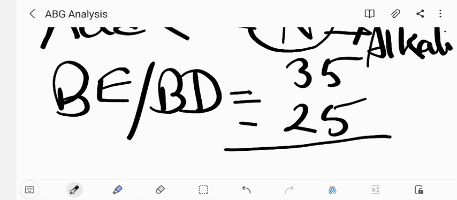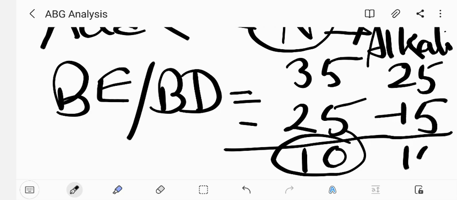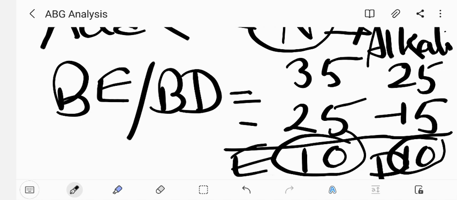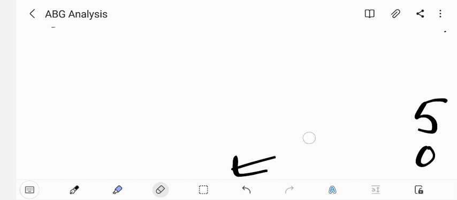So if the bicarbonate value is 35, there is a base excess of 10 units, and if 25 is normal and the bicarbonate is 15, then this is a base deficit. Okay, here I think you have acquired these things.